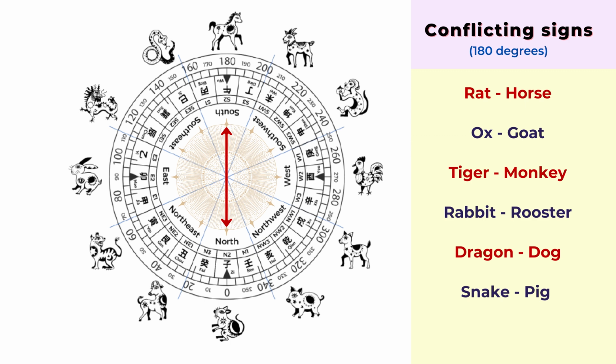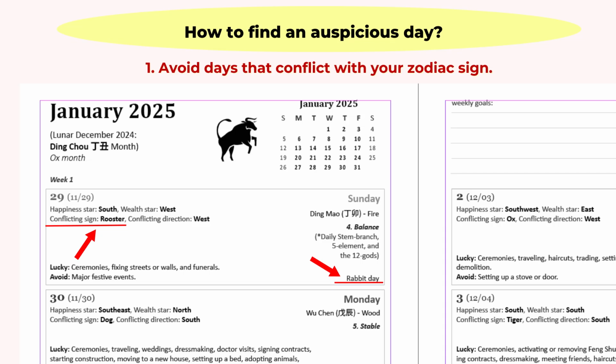So if it's a Rat day, it's conflicting with a Horse. And if it's a Horse day, the conflicting animal sign is a Rat. So if you are the Horse sign, avoid picking the Rat day. And I already showed the conflicting sign of each day in the weekly section, so it's easy to refer to.